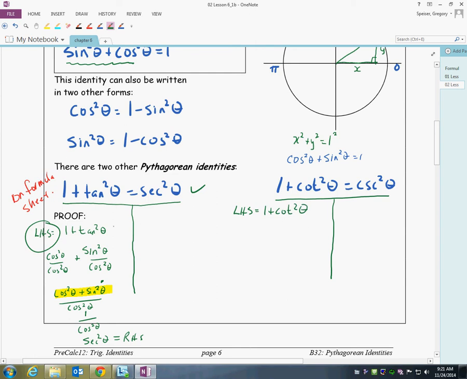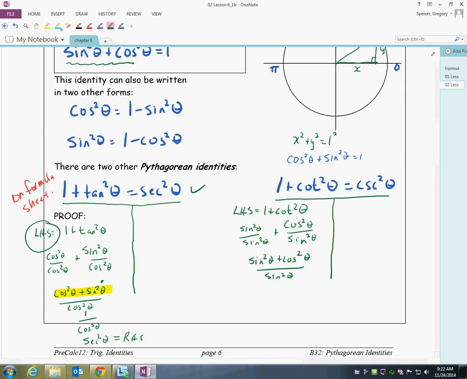Similarly, now if tan squared was equal to sine squared over cos squared, this will be equal to cos squared theta over sine squared theta. And again, my 1, I will change that to sine squared theta over sine squared theta. And now when I put this together, I'm going to get sine squared theta plus cos squared theta all over sine squared theta.